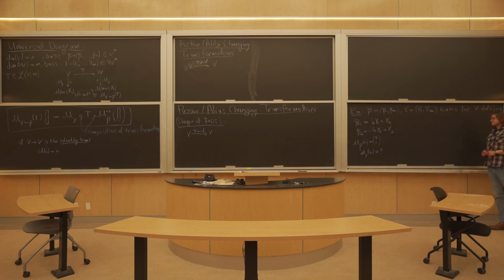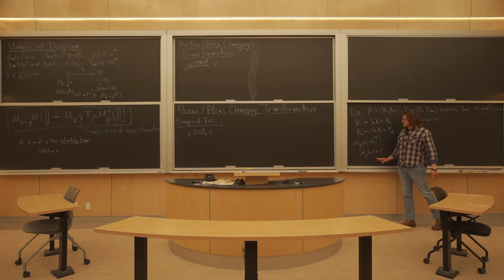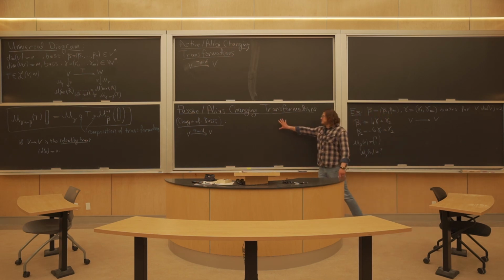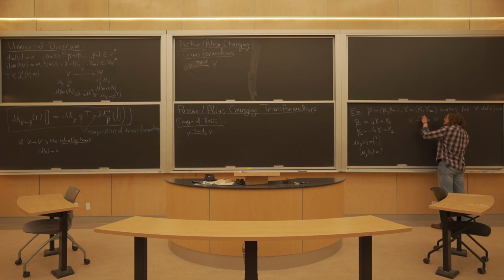Okay, so now, any questions so far about this? Let's just use the universal diagram. My vector space is V. Now nothing is changing, so I'm going to use this passive perspective. Up there I have this identity transformation.